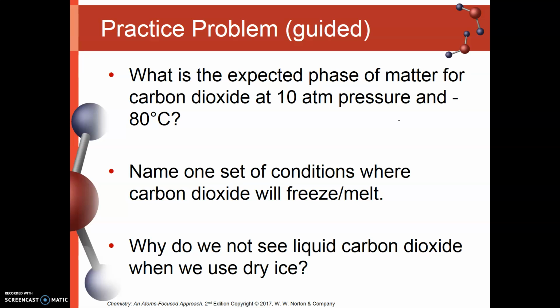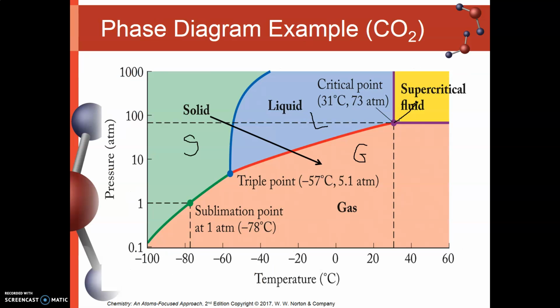So with that in mind, how do we interpret these graphs? What kinds of questions can we be asked? Well, we can look at things like this. What is the expected phase of matter for carbon dioxide if we're at 10 atmospheres of pressure and negative 80 degrees Celsius? Well, this is where we can use our graphical analysis skills.